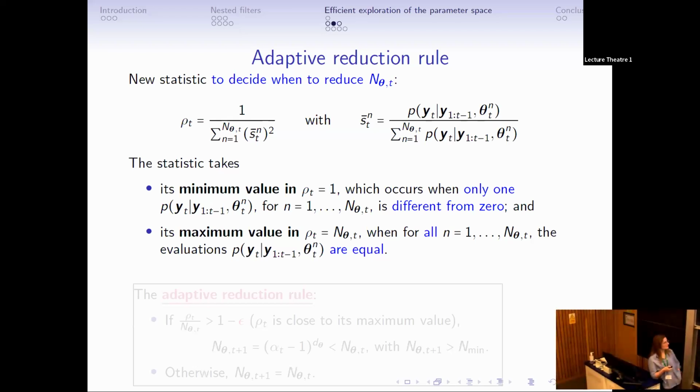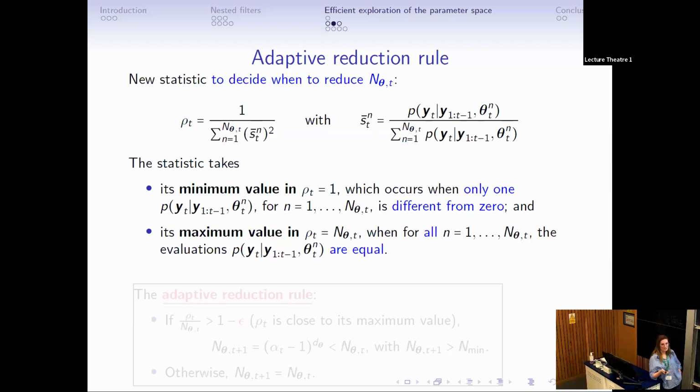Let's talk about this statistic first. When it is at its minimum value, when rho is equal to 1, it means that only one of the likelihoods is different from 0. If it was the ESS, this would show that it has degeneracy. And when it is at its maximum value, and rho is equal to n, it means that all the evaluations of the likelihood are equal.